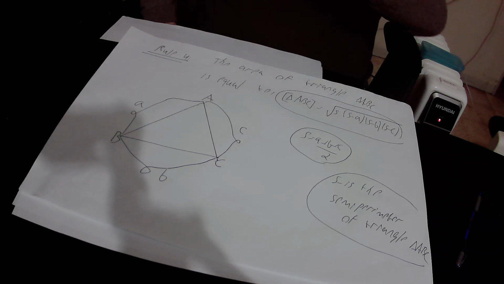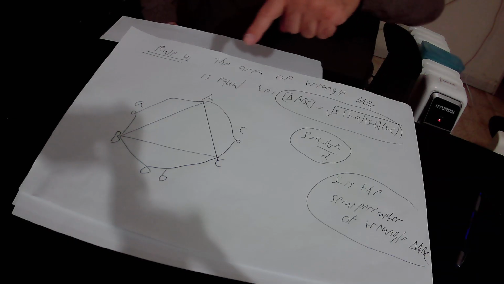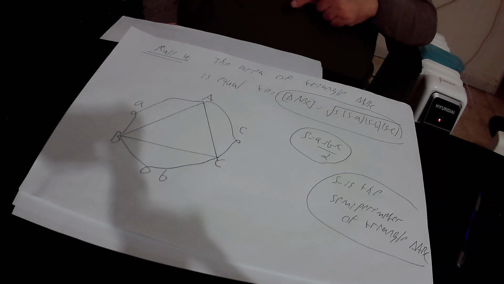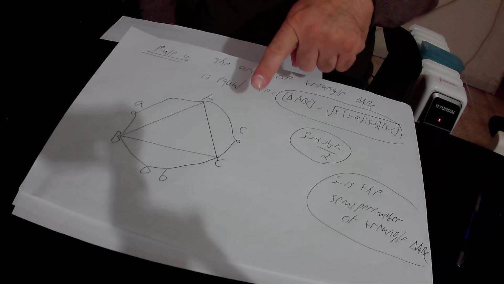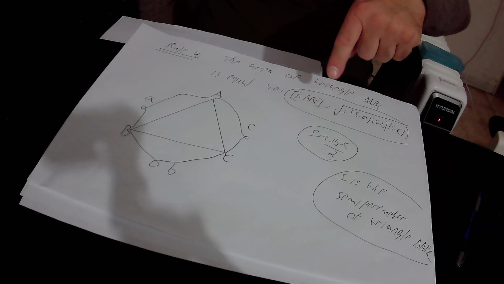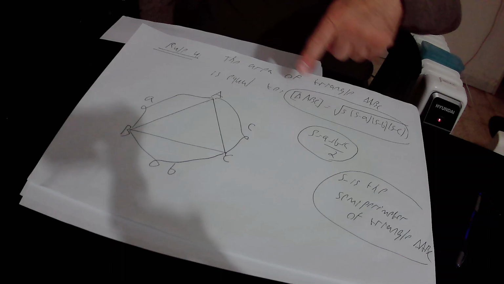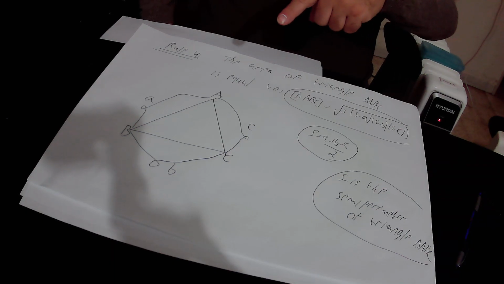So in the drawing we have triangle ABC. We know that side AB of this triangle equals A, side BC equals B, and side AC equals C units in its length. In addition, the semi-perimeter of this triangle, S, equals the perimeter over 2.